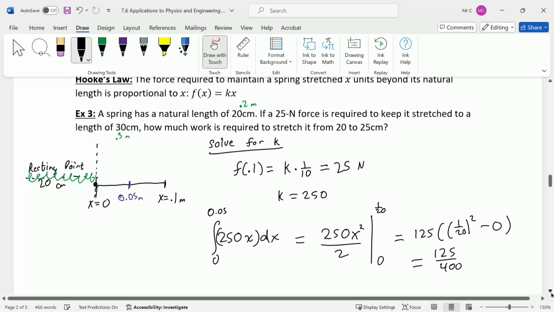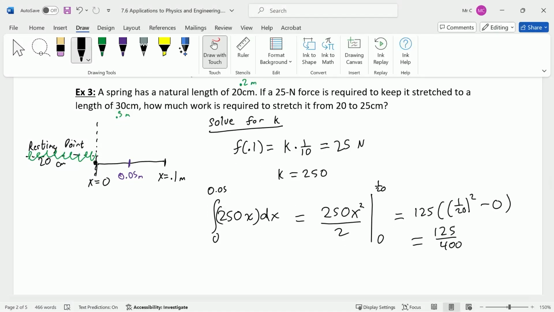Now, you could absolutely leave it like that, but this can be simplified. Both of these are divisible by 25. So this would be 5 over 16. And we were in Newton meters, so our final unit is joules. Okay, so that's it for that one.